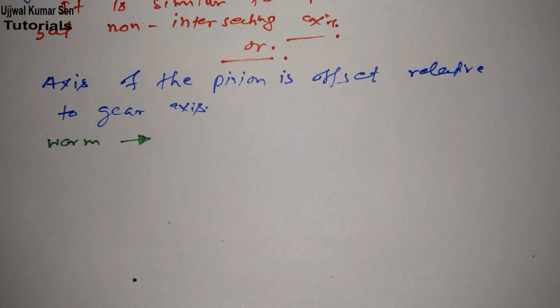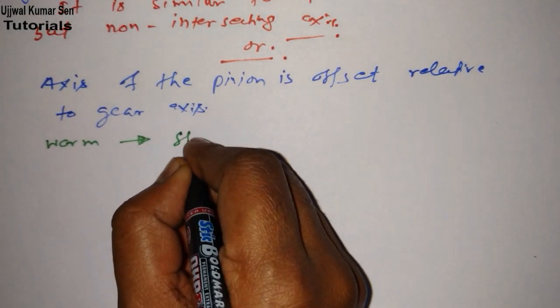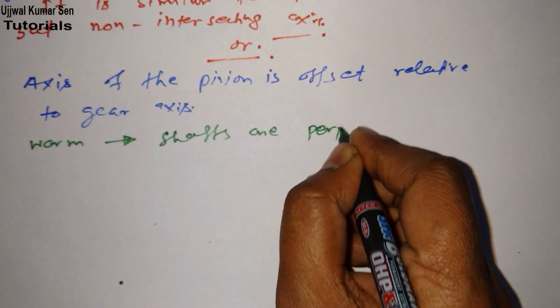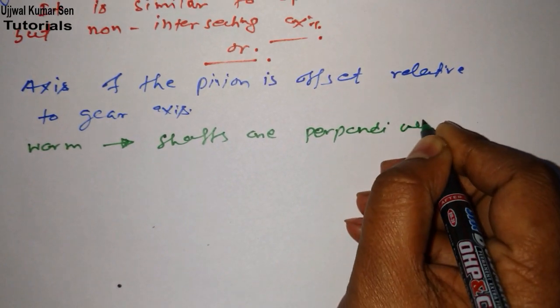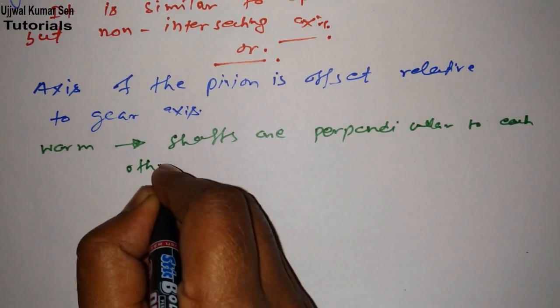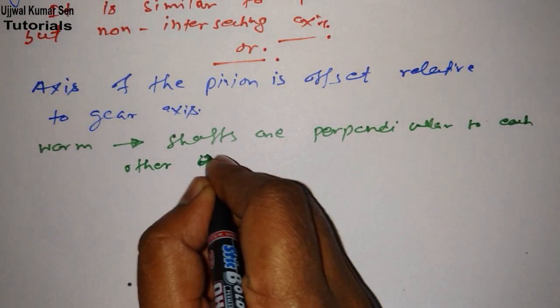We use this type of gear when shafts are perpendicular to each other.